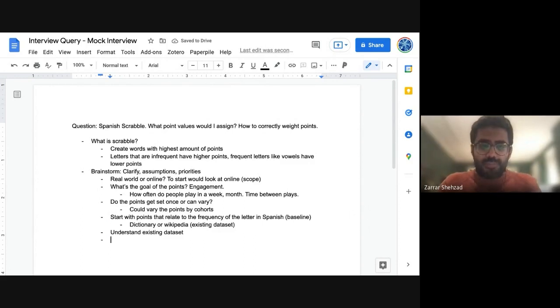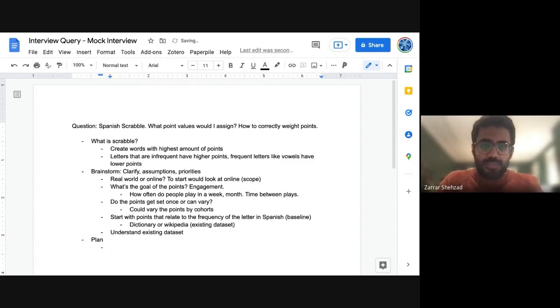So the idea here, just to repeat it, is that we want to correctly weight the points. Based on what we've talked about, I can set a basic plan of how I might do this, and then talk in more detail about the modeling and data steps.